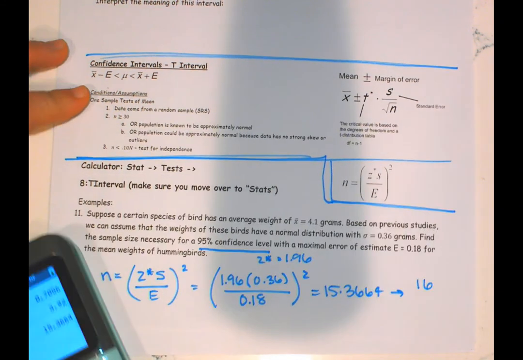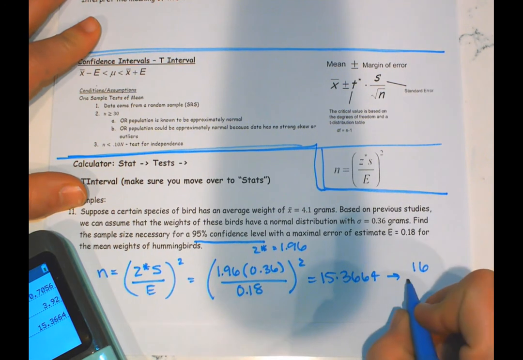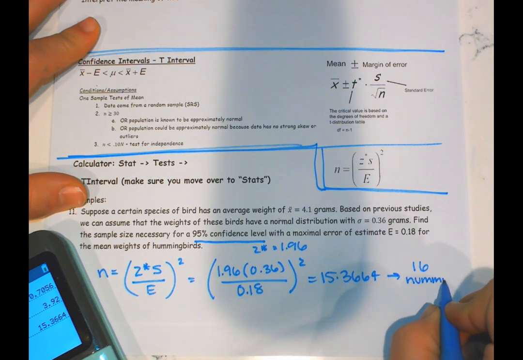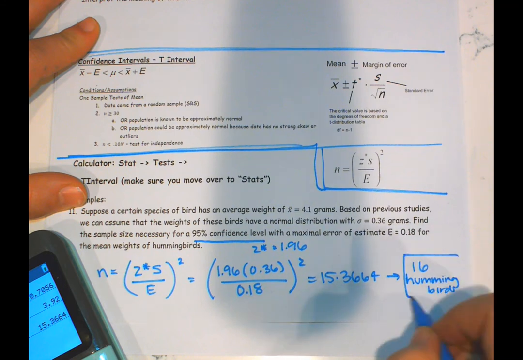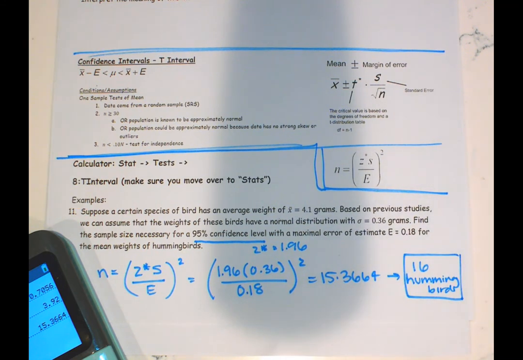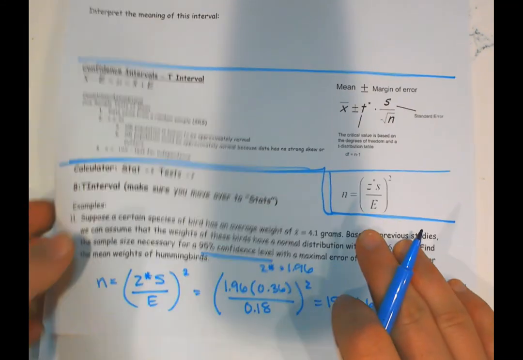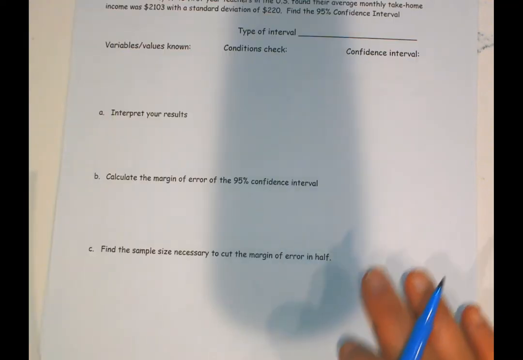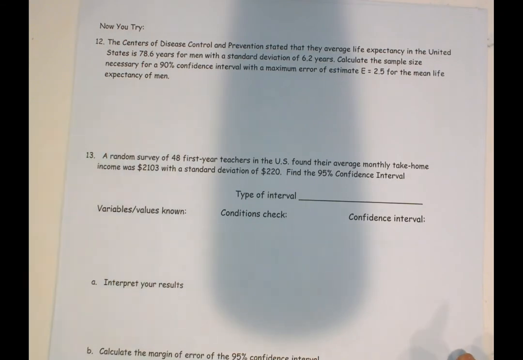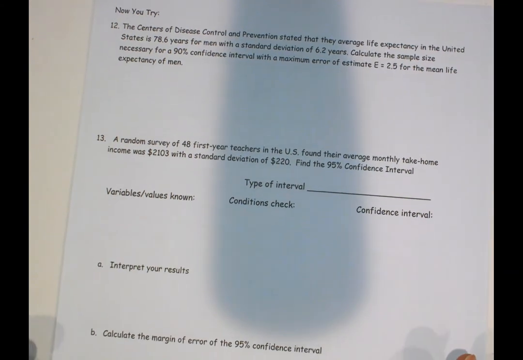So we're going to look at the mean weights of 16 hummingbirds in this problem. So try number 12 on the next page, and then we'll go ahead and look at doing our own t-interval.